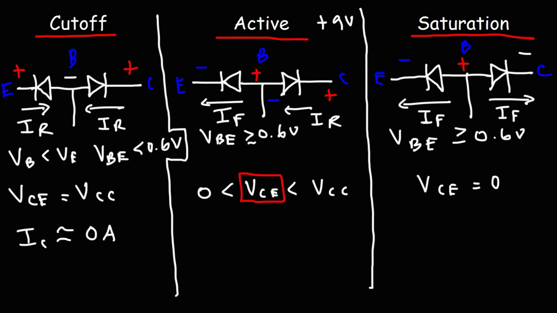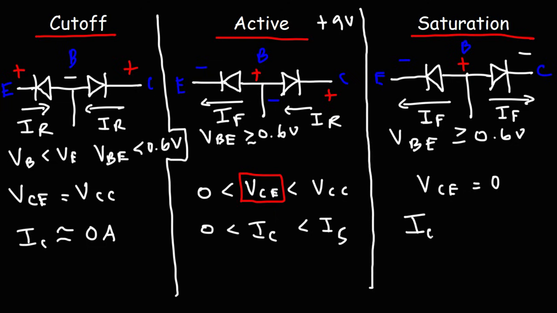If the IC value is close to 0, it's operating in the cutoff region. If the IC value is between 0 and its maximum value, which I'm going to call IS, that's the saturation current, then it's in the active region.